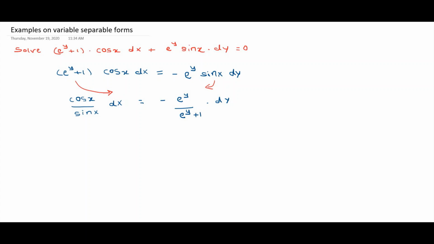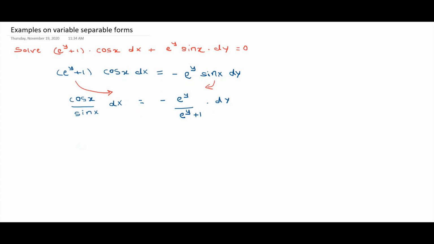So this is nothing but the variables are separable. Left hand side we have x into dx term, right hand side we have y into dy term. That is, the term containing y is absent in left hand side and the term containing x is absent in right hand side, which is nothing but the variable separable form.